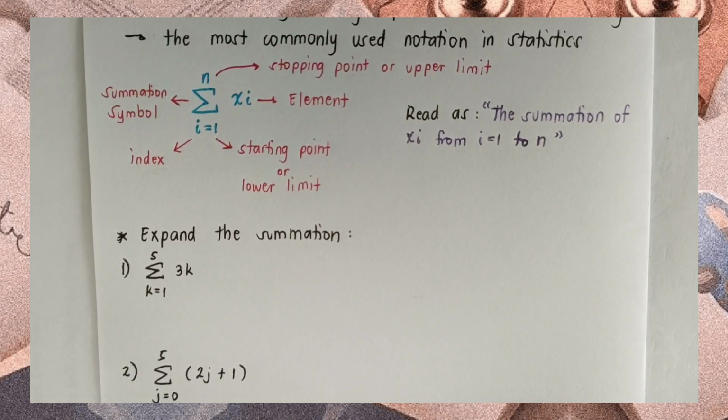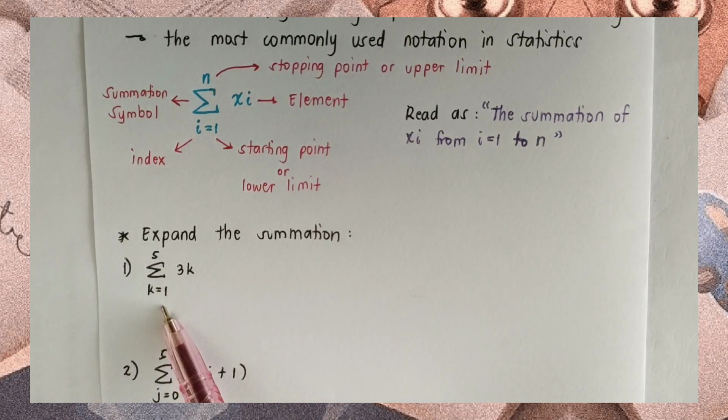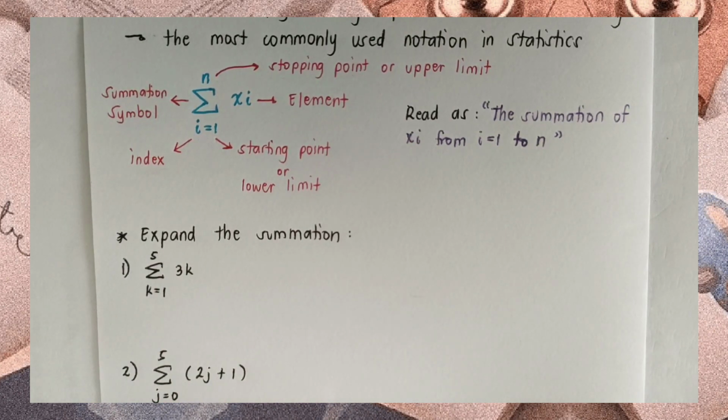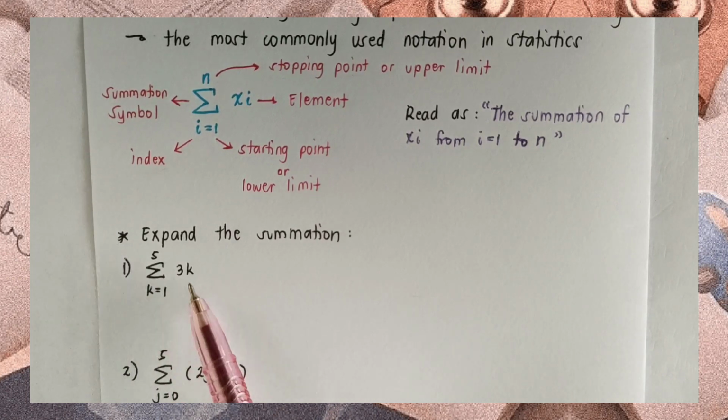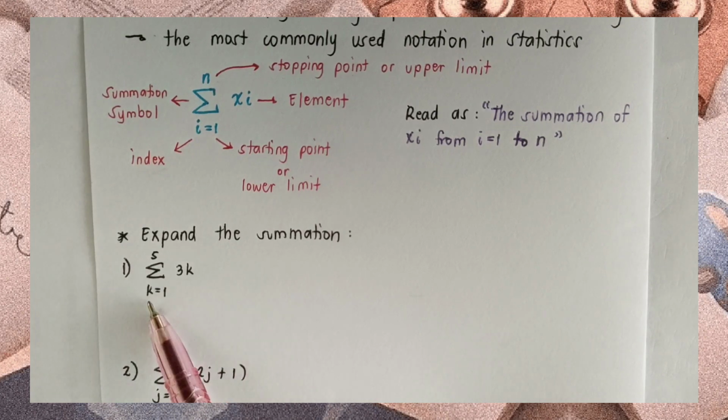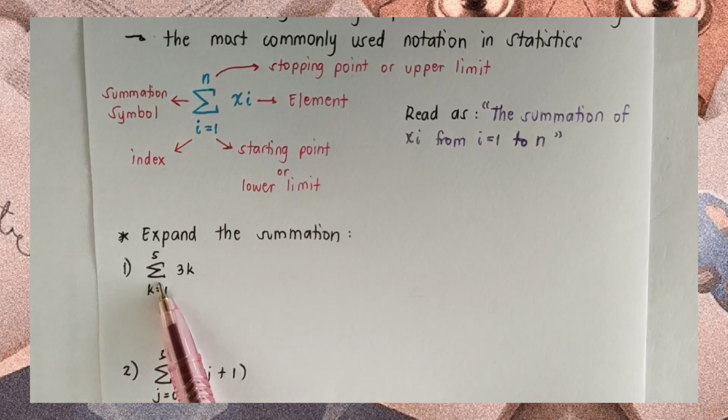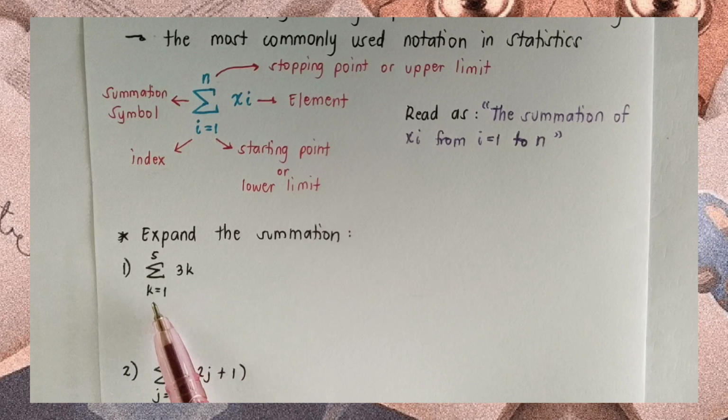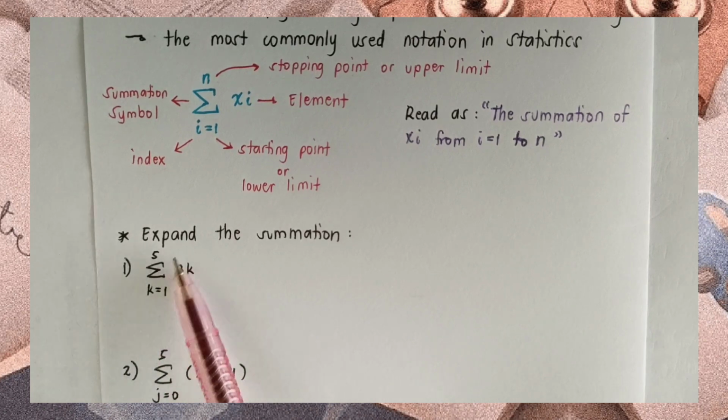Let us try to read first before we expand the summation. So number 1 is read as, very good, the summation of 3k from k equals 1 to 5. I repeat, the summation of 3k from k equals 1 to 5.